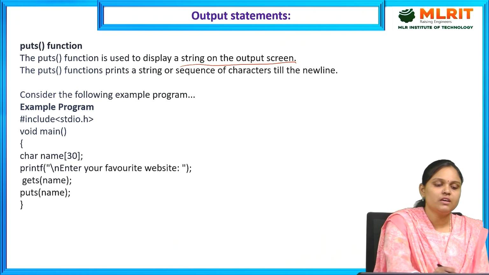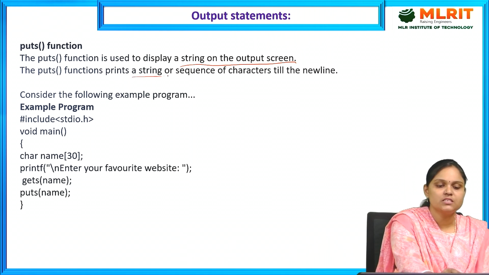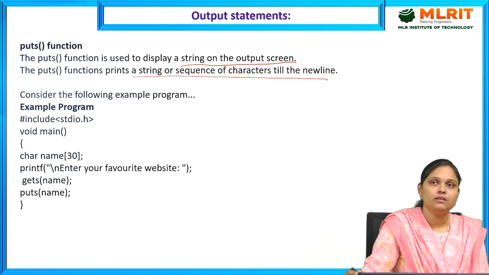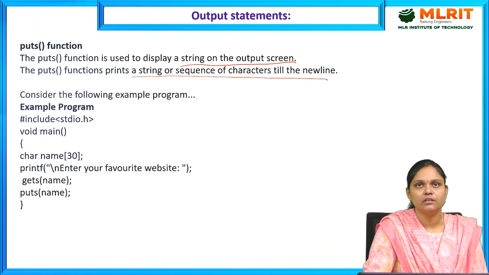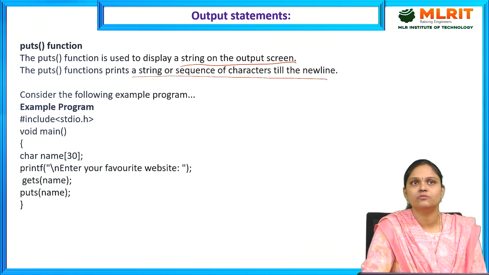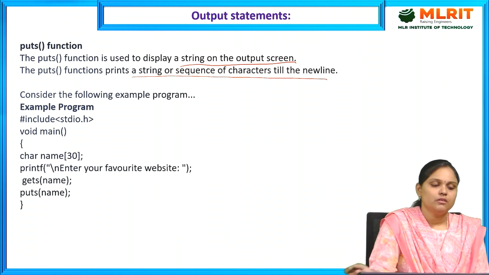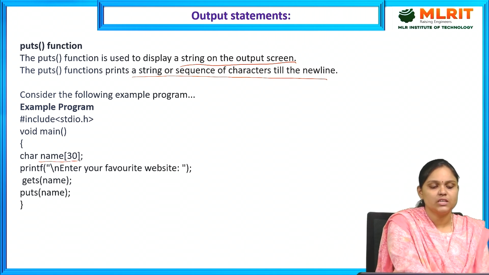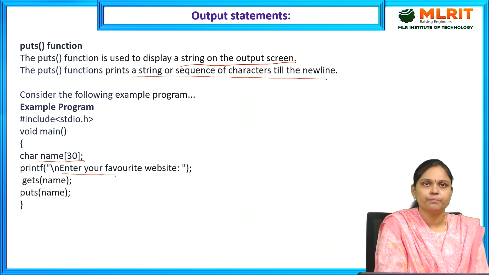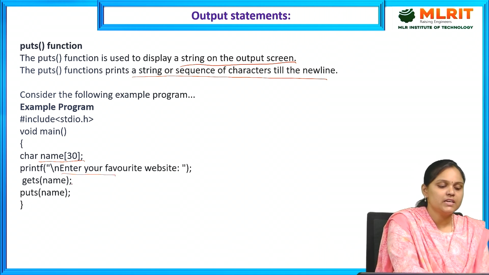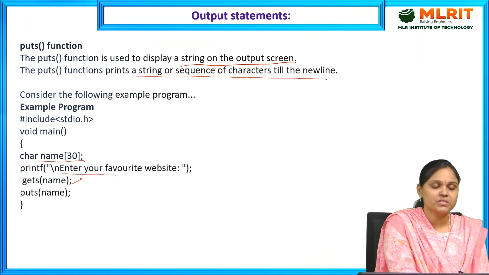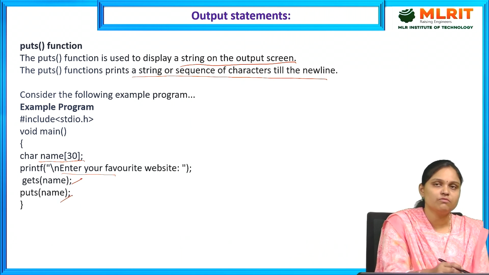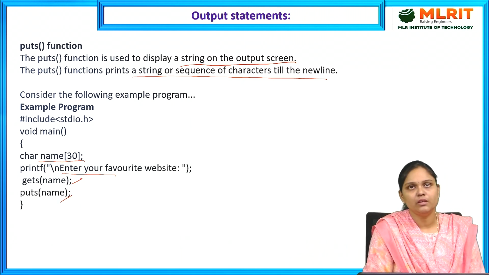The puts function prints a string as a sequence of characters until the newline. Since it is a group of characters, we use a character array. By using printf we ask to enter your favorite website, by using gets we read that website name, and by using puts we print it on the console.